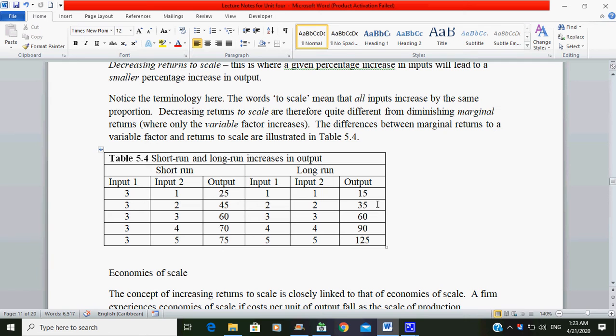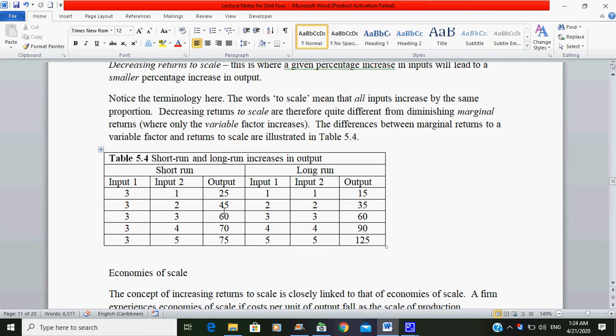Let's look at this now. There is some amount of diminishing marginal return.